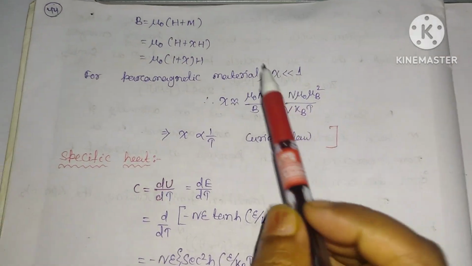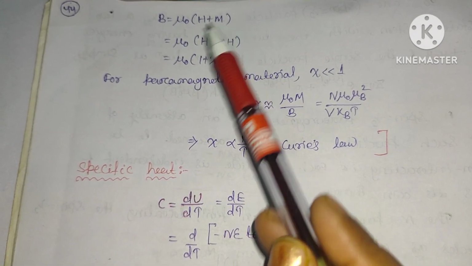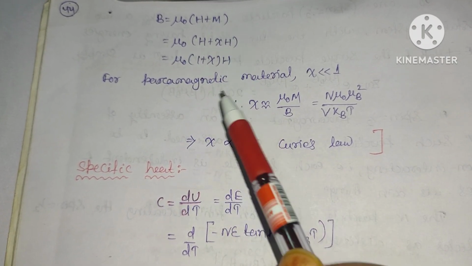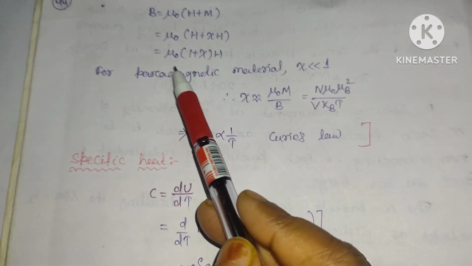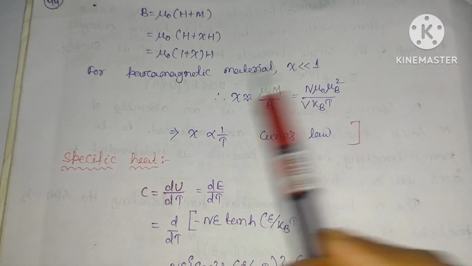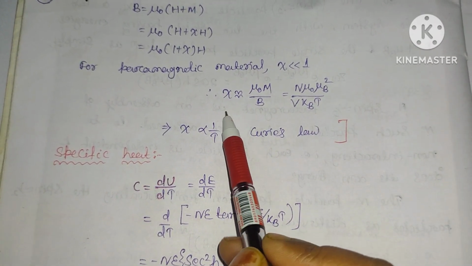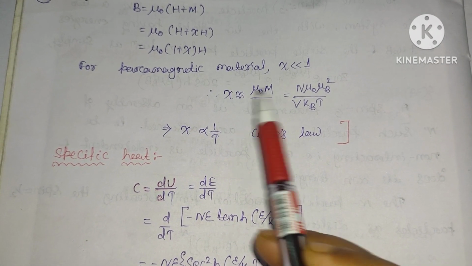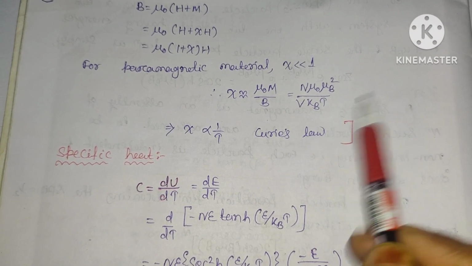Again you can calculate the magnetic field B equal to μ0 (H plus M), or this μ0 whole into H plus, in place of M this is χ into H. This can be written as, taking H common, μ0 (1 plus χ) into H. So for the paramagnetic material, this susceptibility is very less than 1, or simply we can write this χ will be equal to μ0 M divided by B, or this will become nμ0 μB squared divided by VkT.